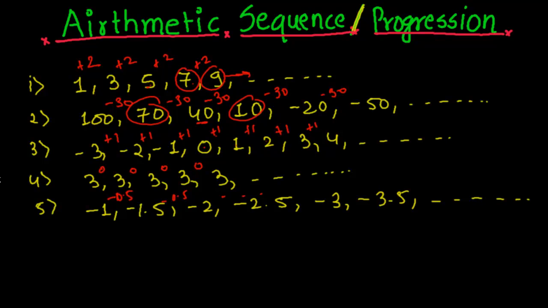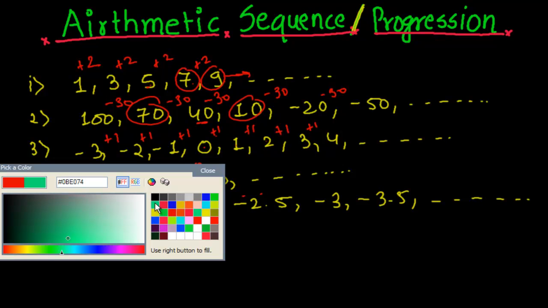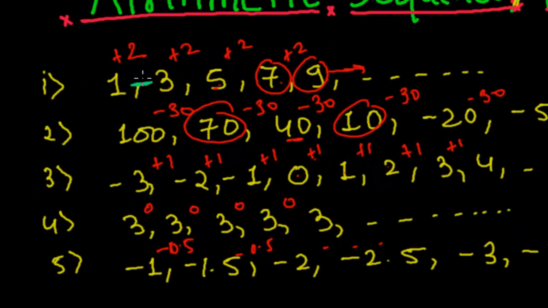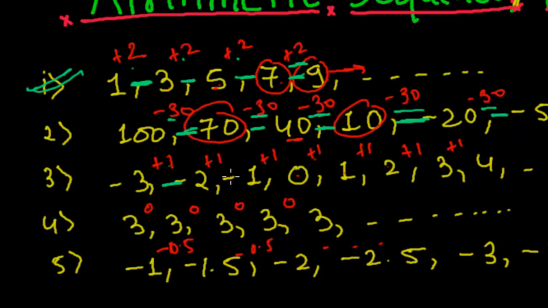Overall, what we learned is that in each case the difference between two consecutive terms is always fixed. In the first, the difference was 2 every time. Here it is minus 30 every time. Here also plus 1 every time.